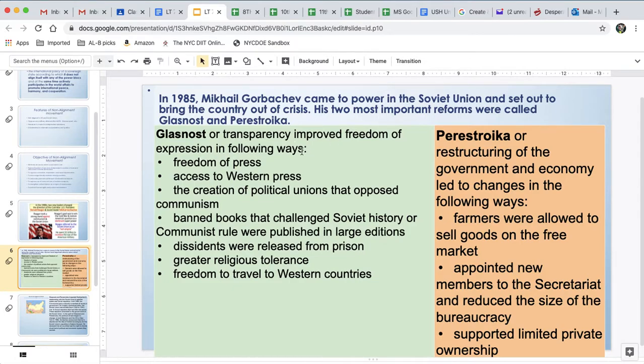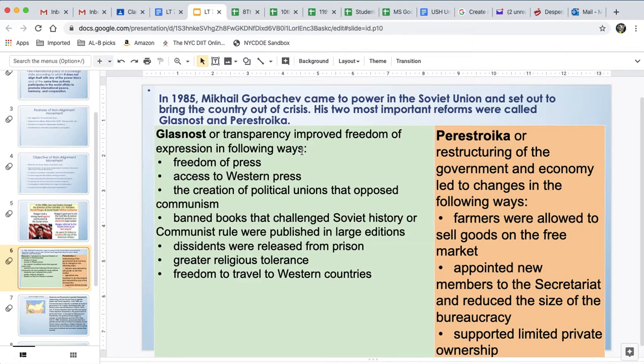They're loosening this iron fist where the government controlled everything: the media, the press, every aspect of living and government in the country.